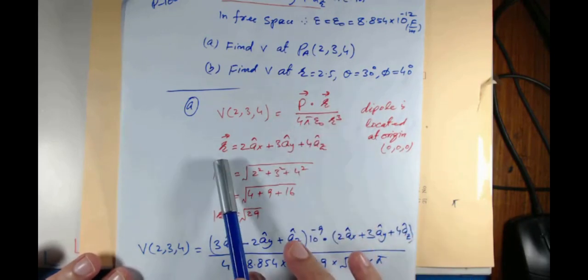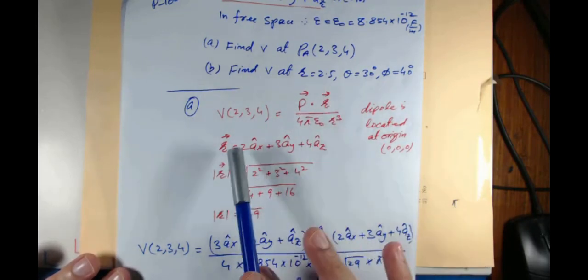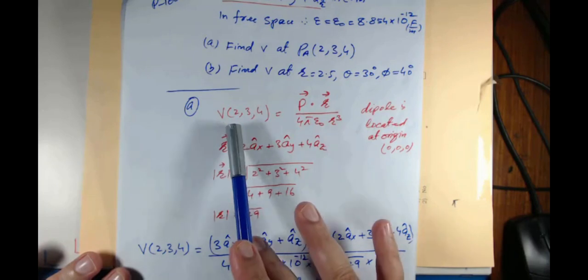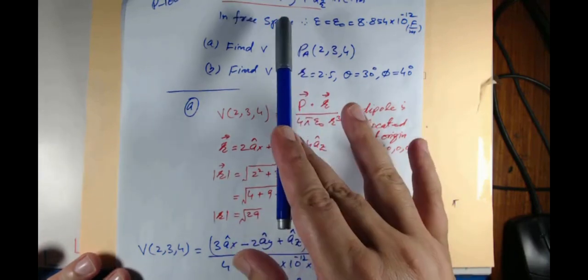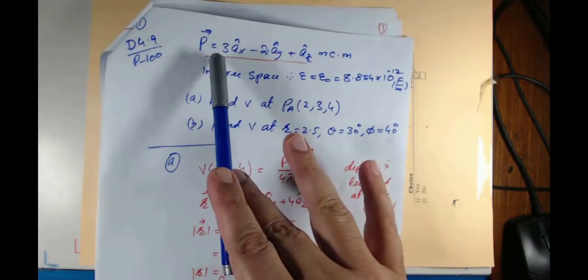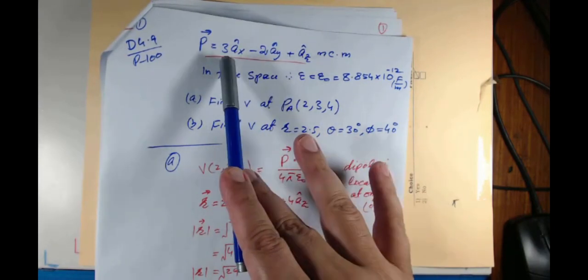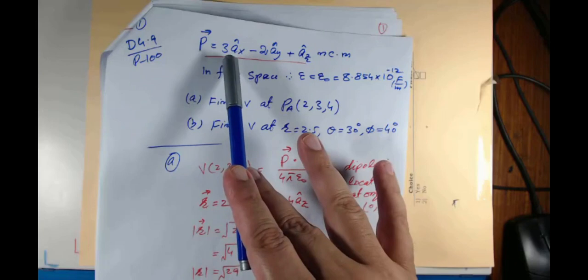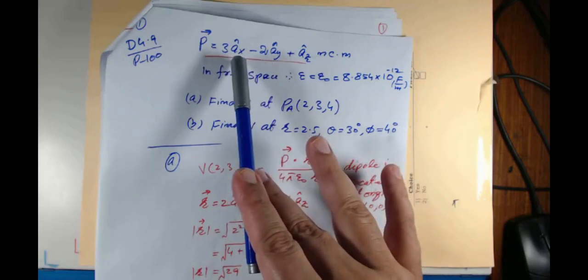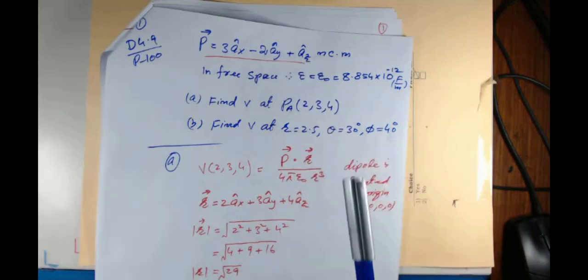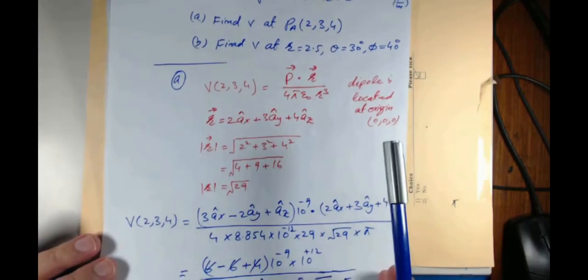Let us first obtain the R vector where we want to calculate the potential due to the electric dipole, whose dipole moment is given by this vector form. The electric dipole has 3 components along each axis: 3ax minus 2ay plus az unit vector, in nanocoulomb meters.